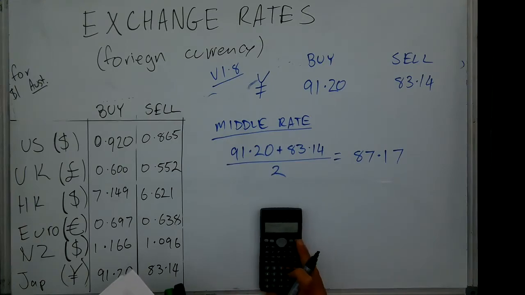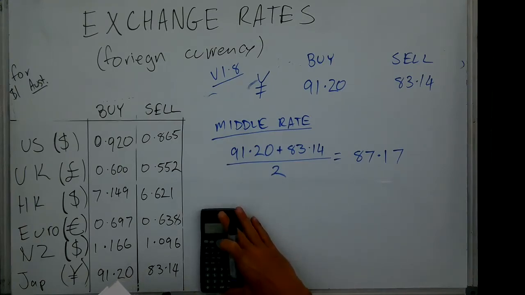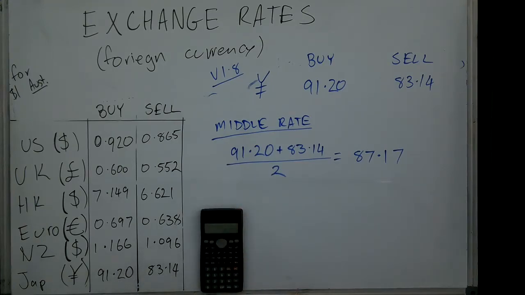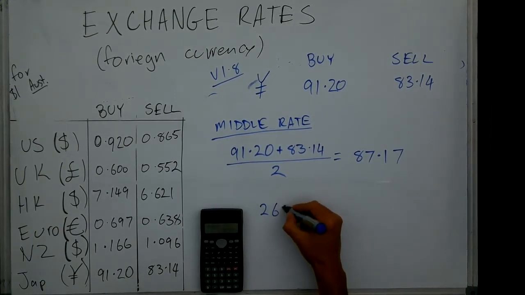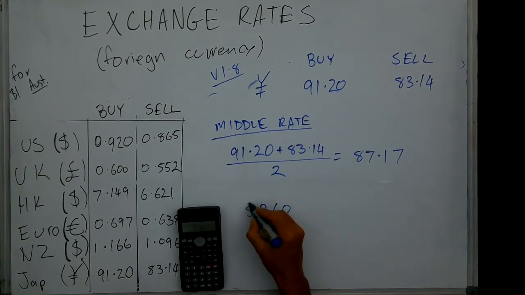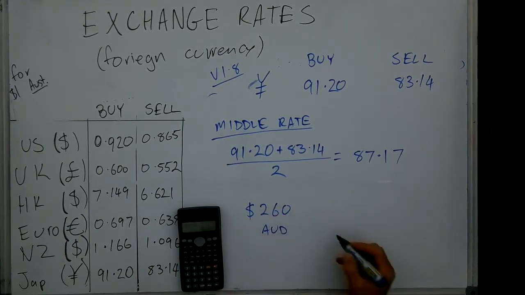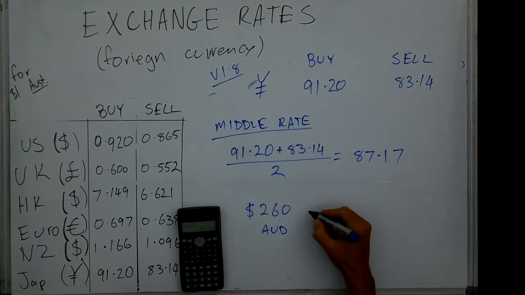So find the middle rate and then use it to convert 260 Australian dollars to yen. So 260, I'm going to multiply by this number.